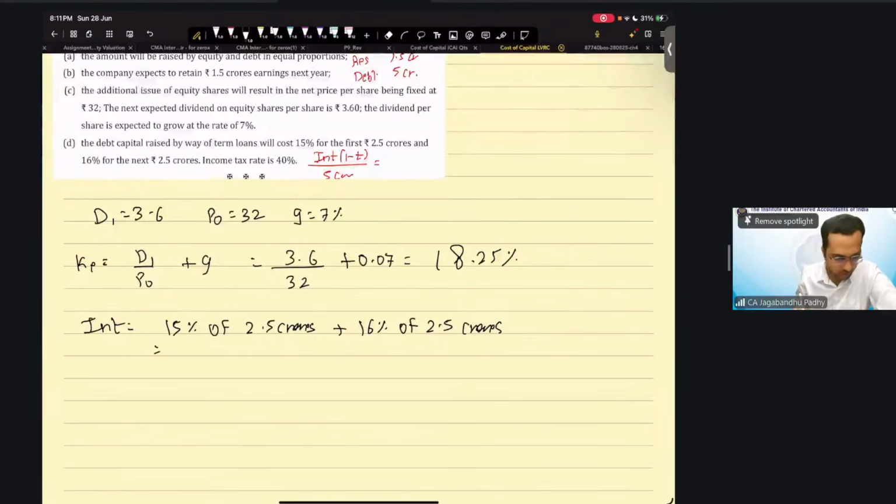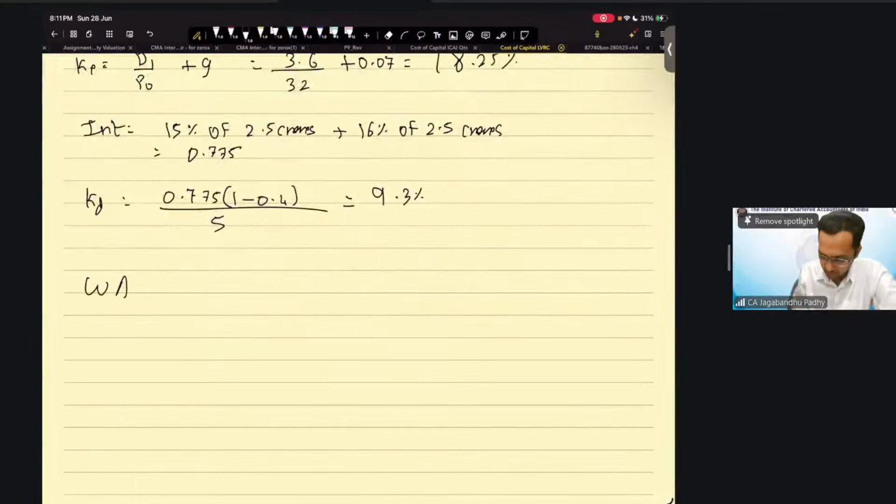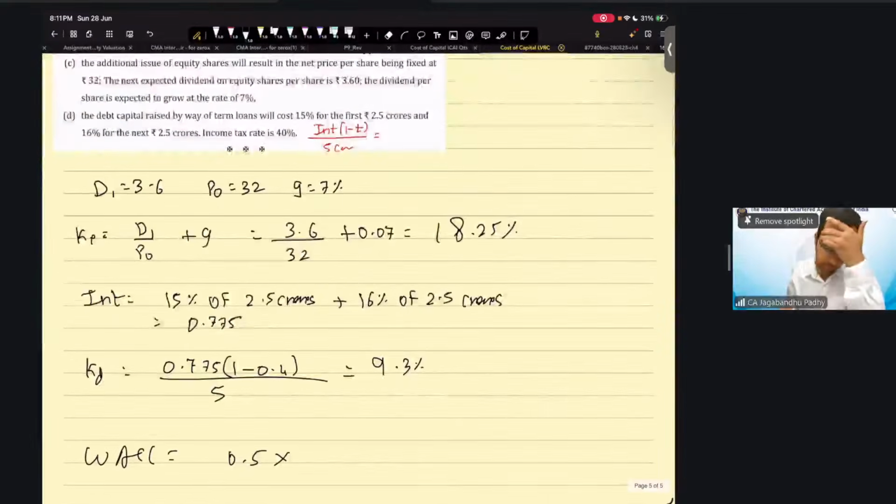So that's 0.775. Cost of debt will be 0.775 into 1 minus 0.4 on 5, which is 9.3%. Okay.